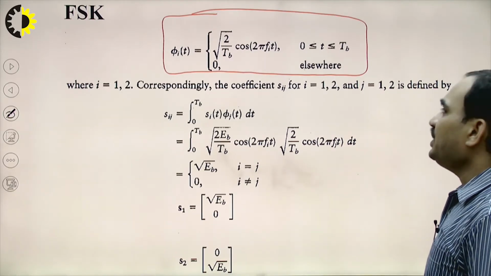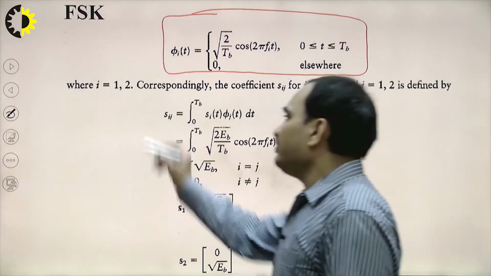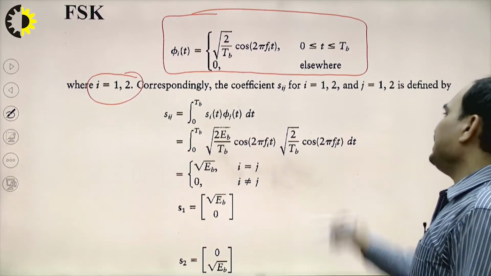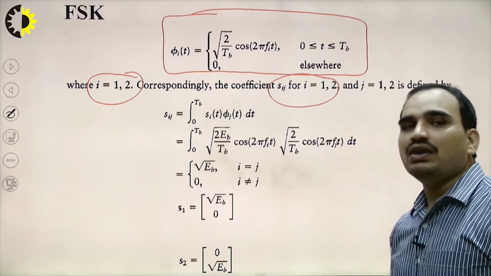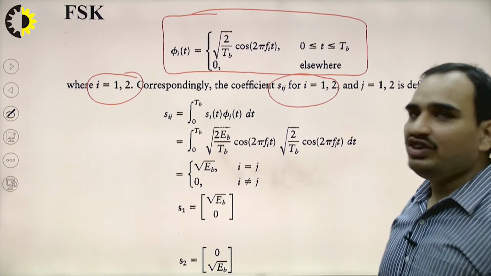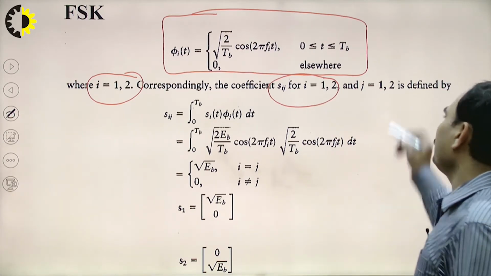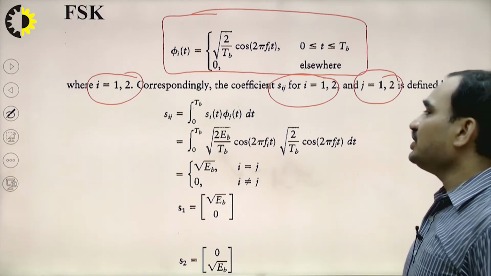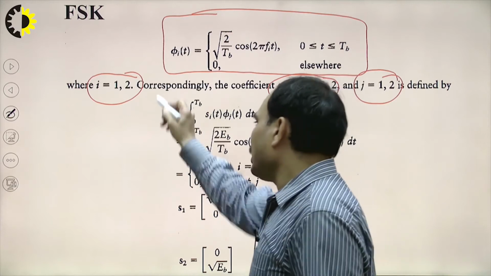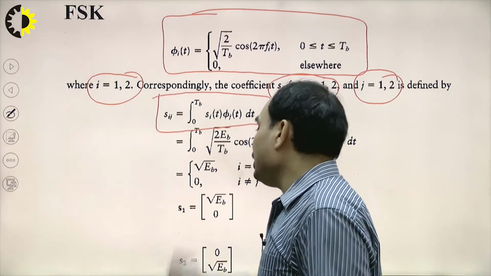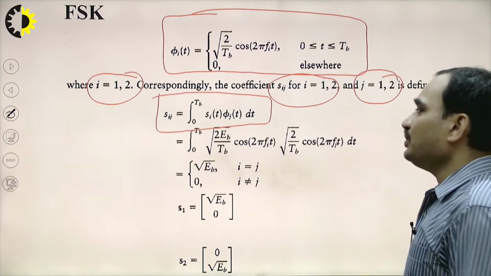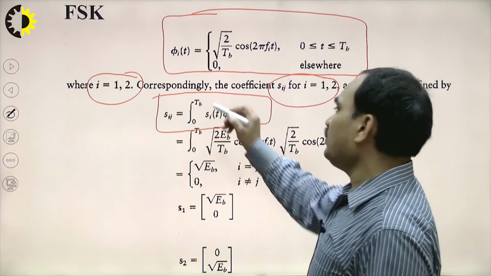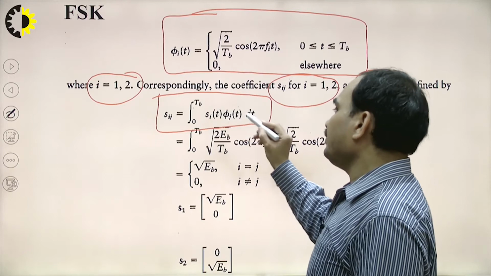For 0 to Tb, and 0 elsewhere, where the value of i is 1 and 2, and the coefficients sij, because we have to find the relation between the coefficients, that is sij, where j has the values 1 and 2. According to the Gram-Schmidt orthogonalization procedure, which I have already explained in the previous lectures, this is the integration from 0 to Tb of si(t) phi j(t) dt.